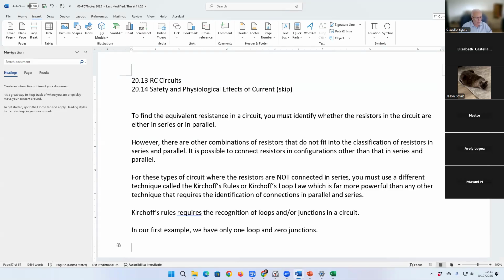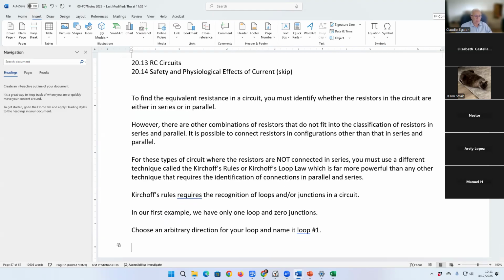So what you have to do? Choose an arbitrary direction for your loop, just like I did, and name it loop number 1. Give it a name.